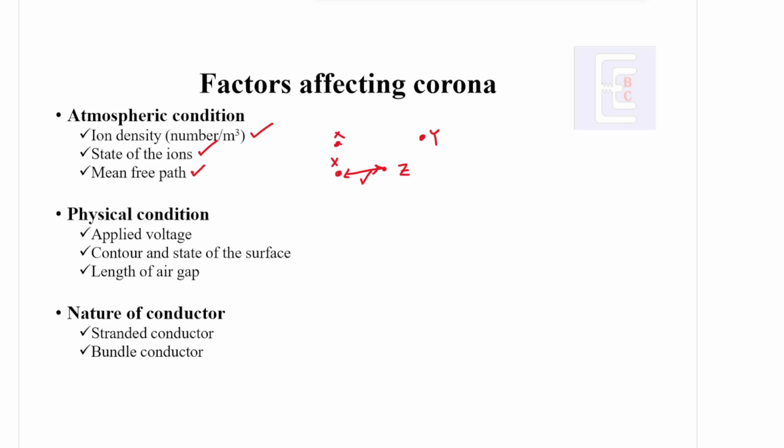What are the physical conditions? The applied voltage: the more voltage you apply, the more helpful it is for corona to form. Contour and state of the surface: as I told you, the roughness of the surface is helpful for corona to happen. And the length of the air gap: if the air gap is more, there is less chance of corona happening.